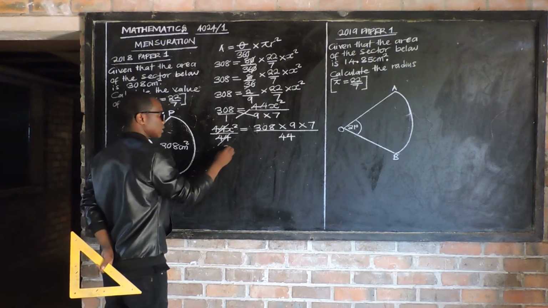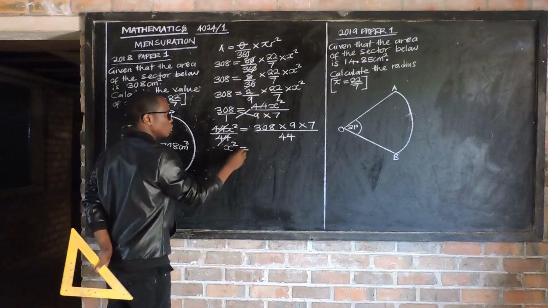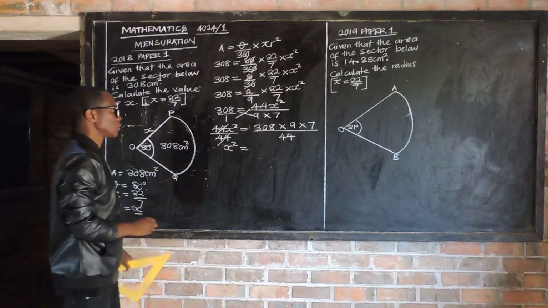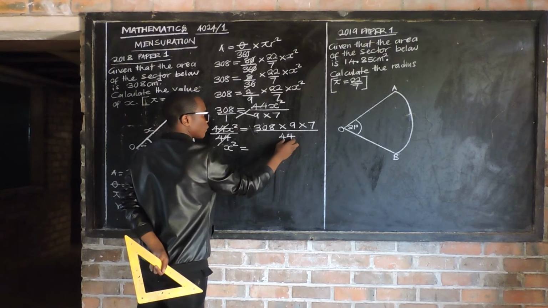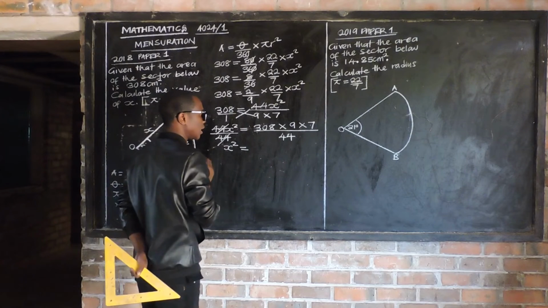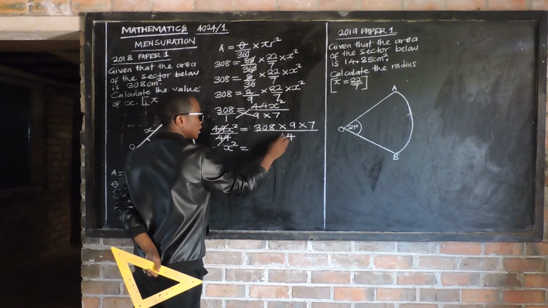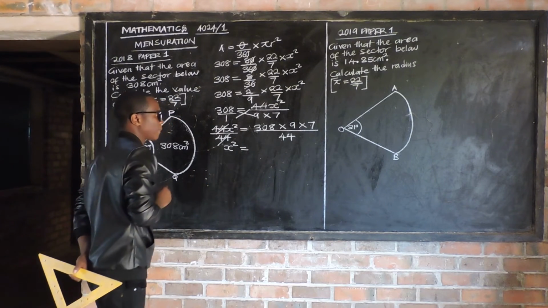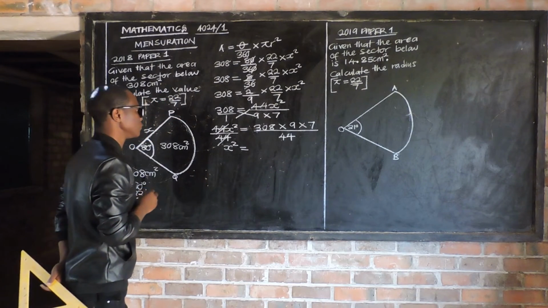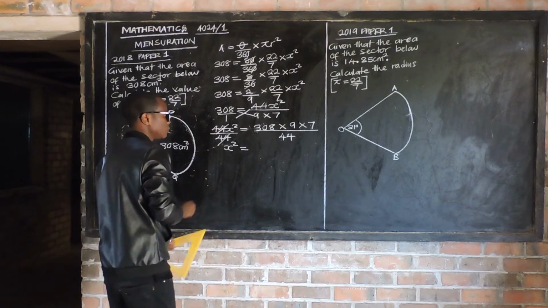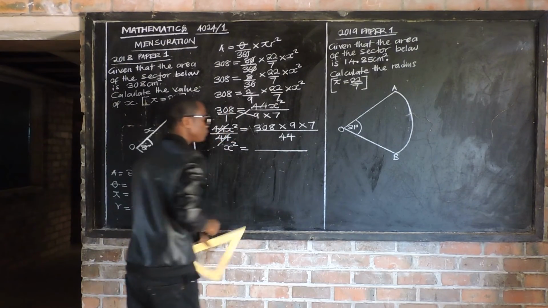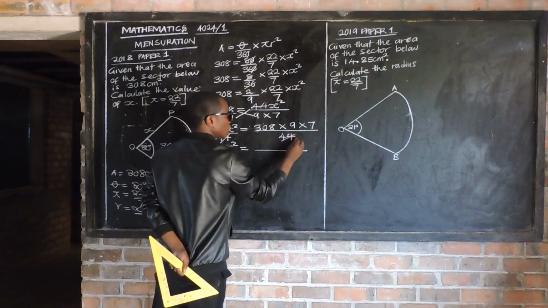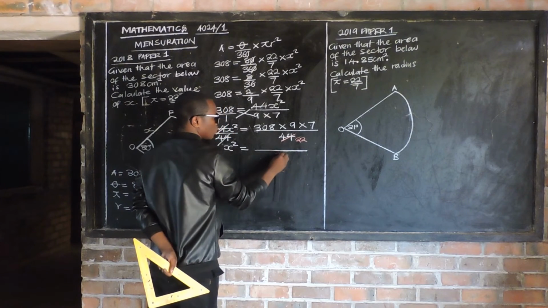Then you say x squared is equal to, you now start reducing here. Now how can you reduce? Let us look at 44 and 308. Let's use a number like 2. Let me use 2. 2 into 44 gives 22. So this is 22.